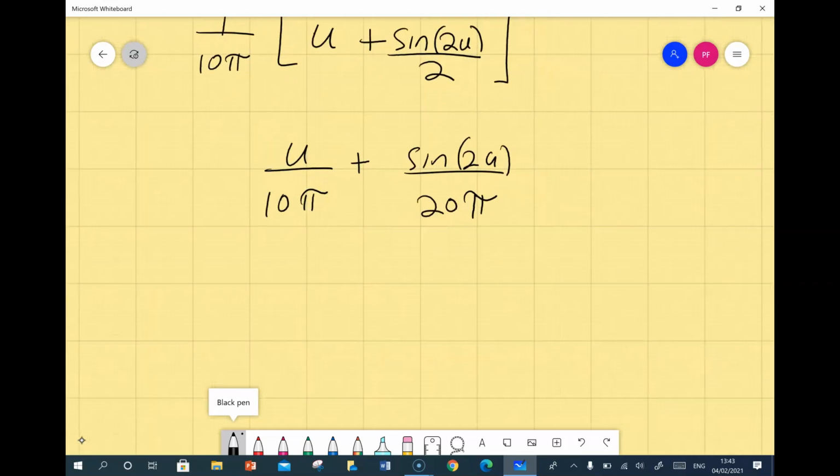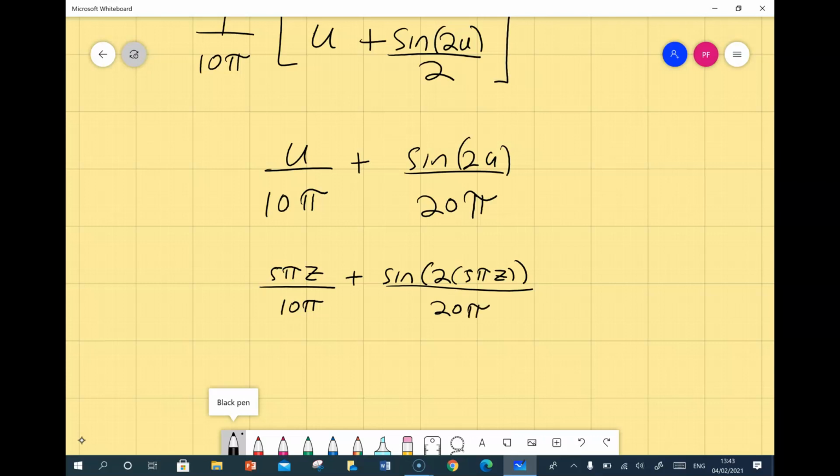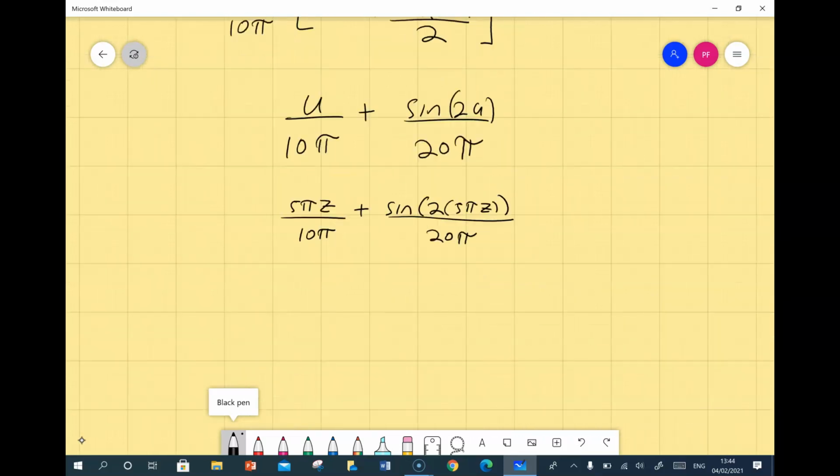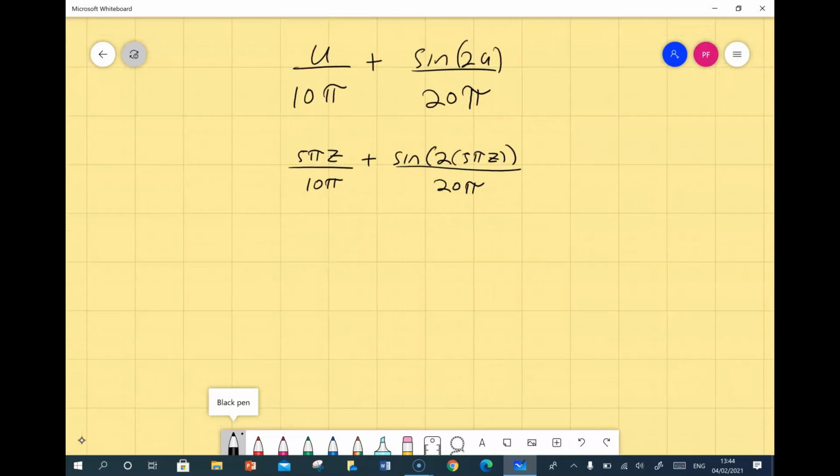So 5 pi z over 10 pi plus sine of 2 times 5 pi z over 20 pi. Okay, now we can just simplify this out if we want, multiplying out our brackets.